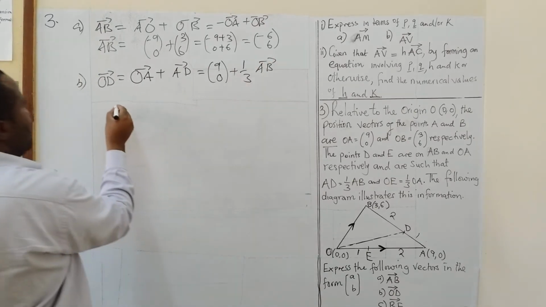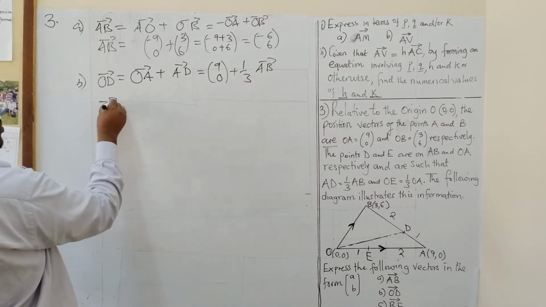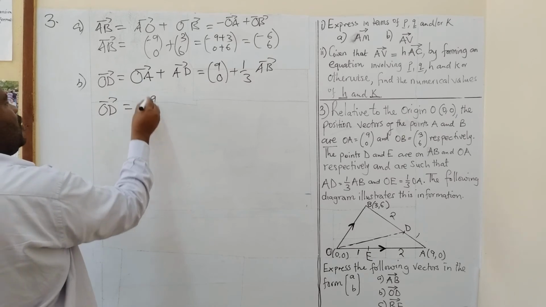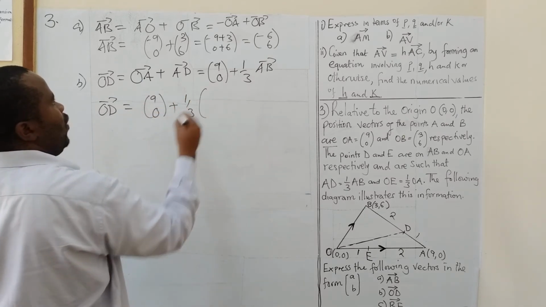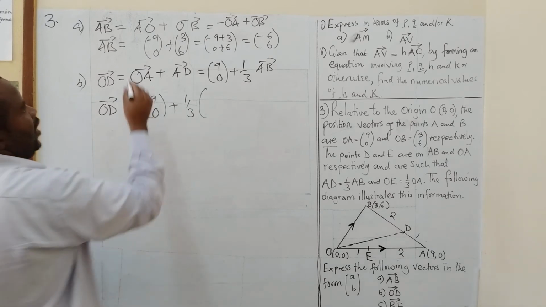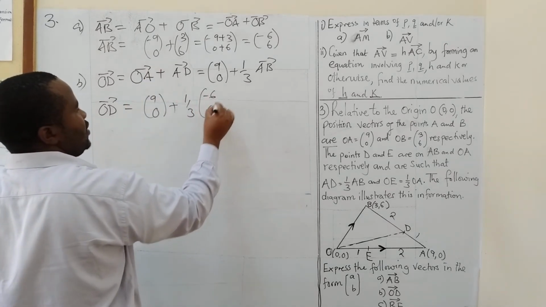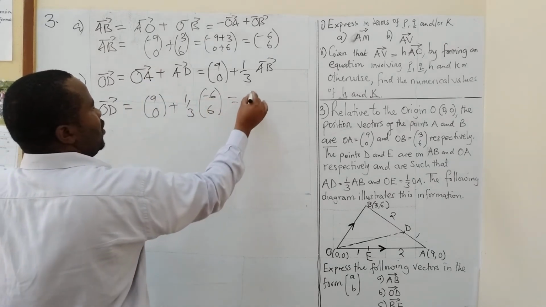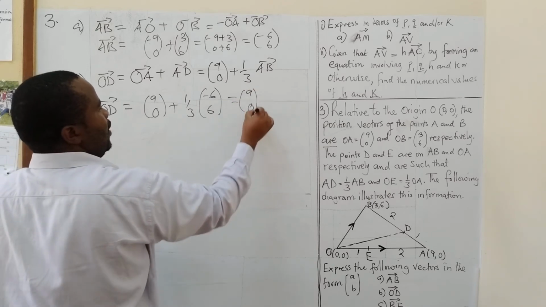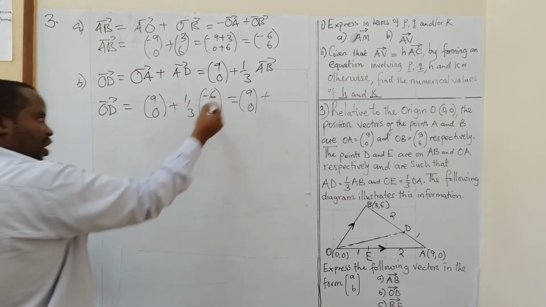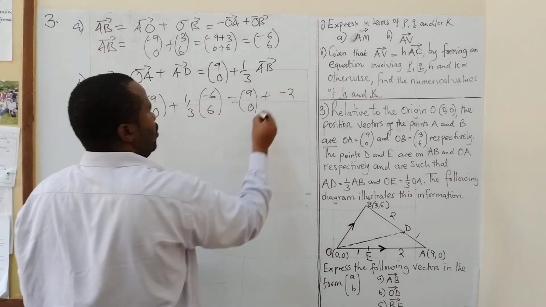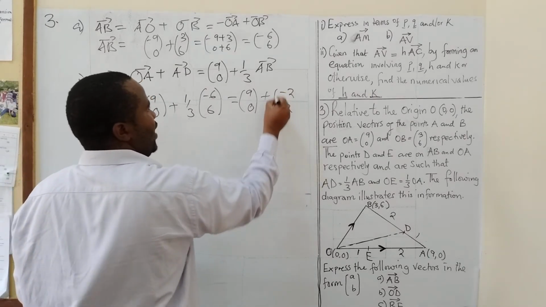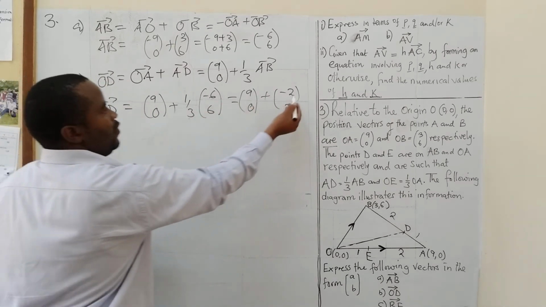So OD will be equal to 9, 0 plus 1 over 3 of, what is our AB? AB is negative 6 and 6 here. So this will be equal to 9, 0 plus, what is a third of negative 6? So you have negative 2 and here you have 2. So when you multiply this by that, you have got this one.